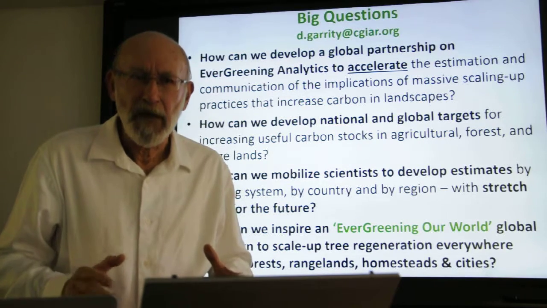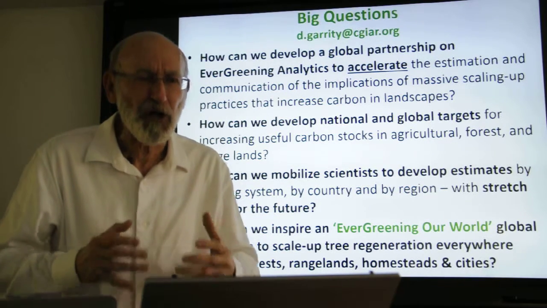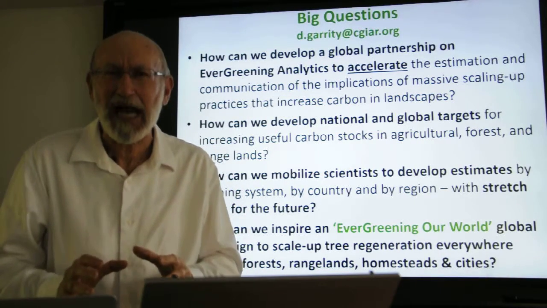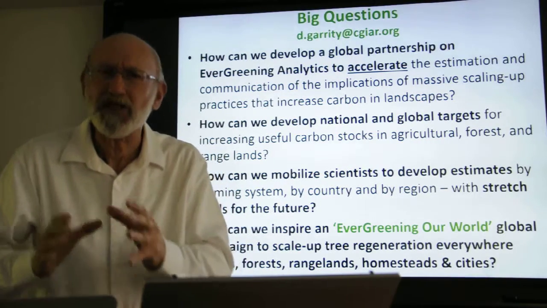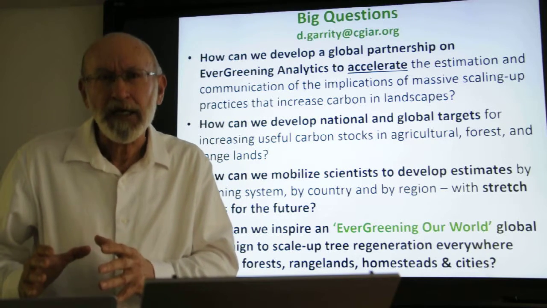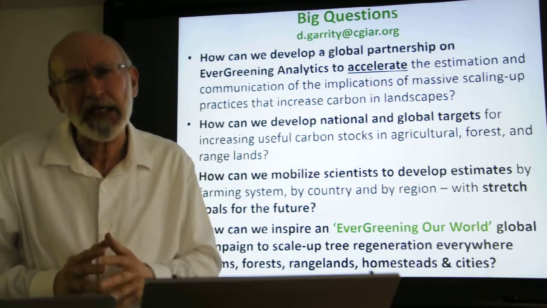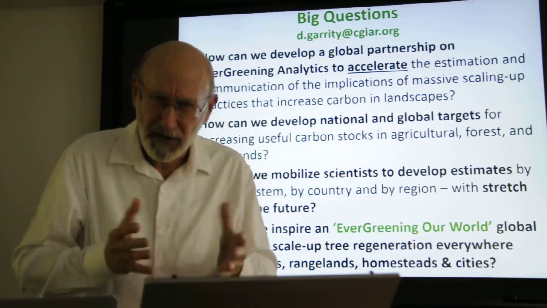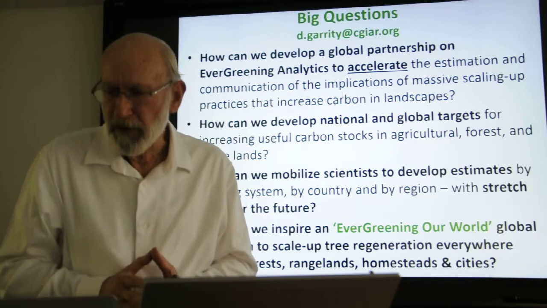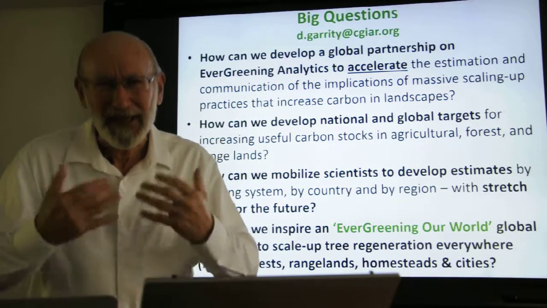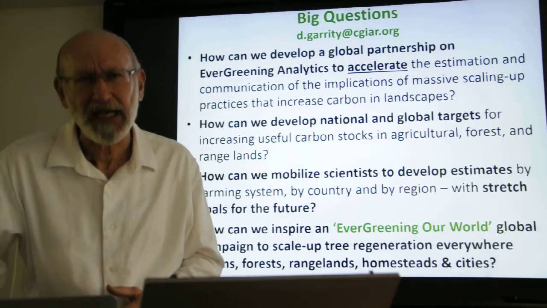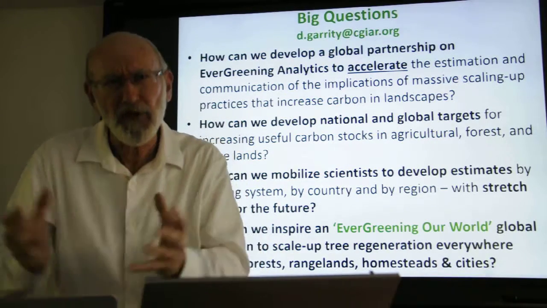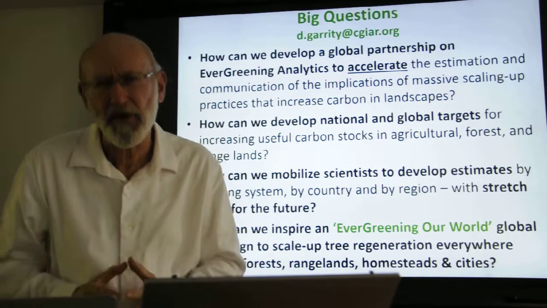Number two, how can we develop national and global targets for increasing the useful carbon stocks in agricultural, forest, and rangeland? Now here, a pertinent thing is that John Dixon has proposed a follow-up workshop to this one in mid-December to drill down further on these EverGreen analytics and discussing the potential to build this kind of global partnership, which would be very exciting.